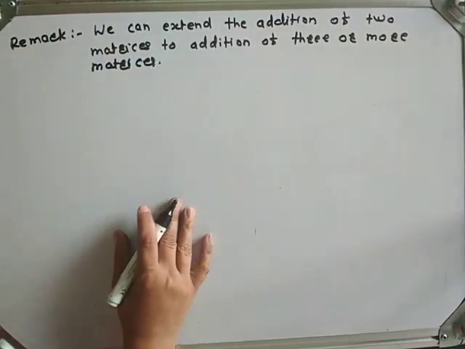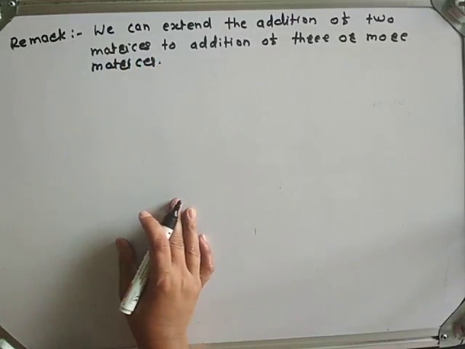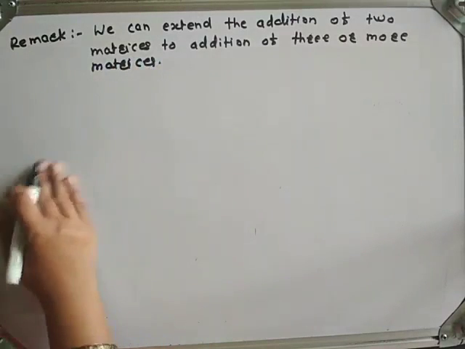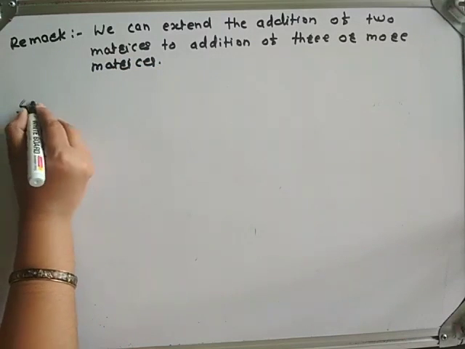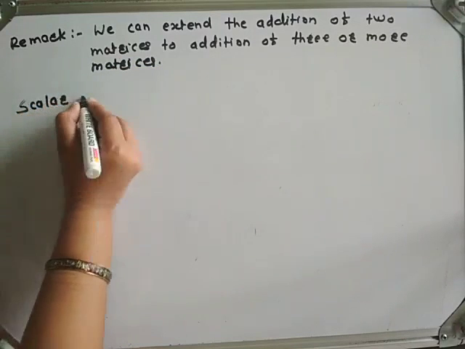That is, we can add 3 or more matrices. Let us take the next definition, scalar multiplication.